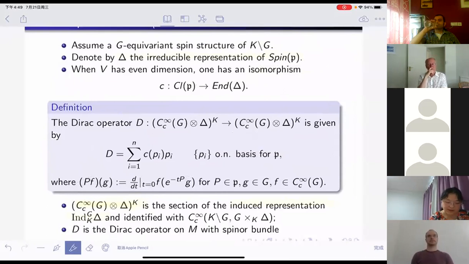So delta is a K representation, and one can induce this representation to G. And it turns out the sections of this induced representation is just this space. And this space can also be identified with the smooth, compactly supported functions on the homogeneous space with values in this spinor bundle created by associating a spinor representation. And under this identification, one can check this definition of Dirac operator is the same as the Dirac operator defined using the connections and Clifford multiplications.